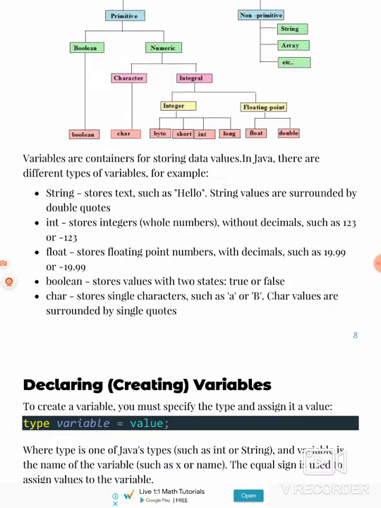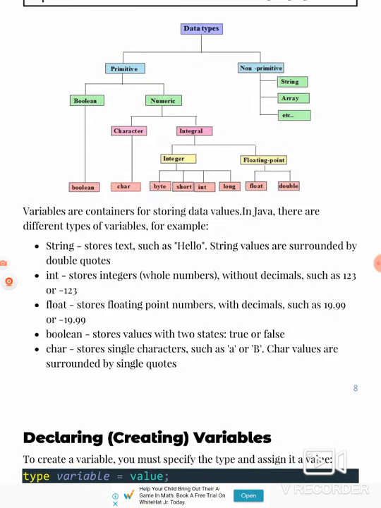Okay guys. Now, variables are containers for storing data values. There are different types of variables. For example, string stores text such as hello. String values are surrounded by double quotes. Int stores integers, whole numbers without decimals, such as 123.